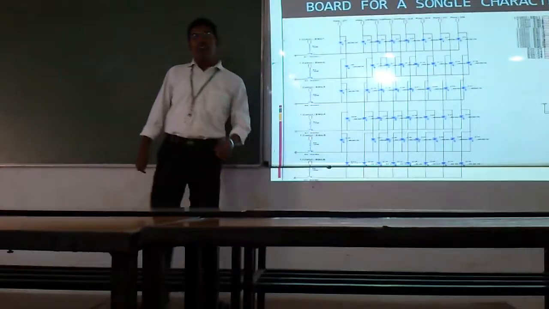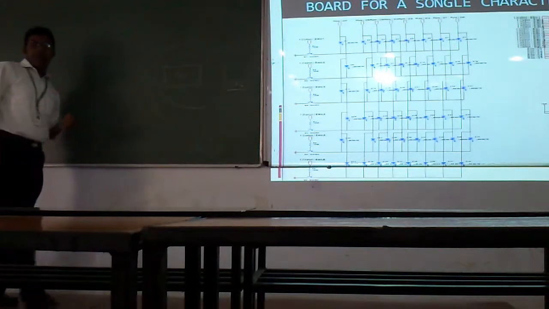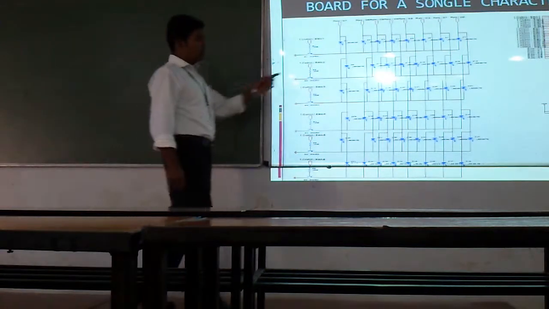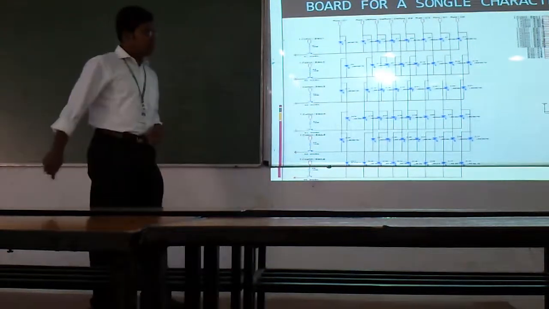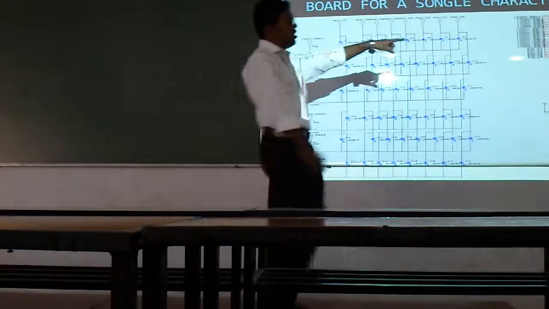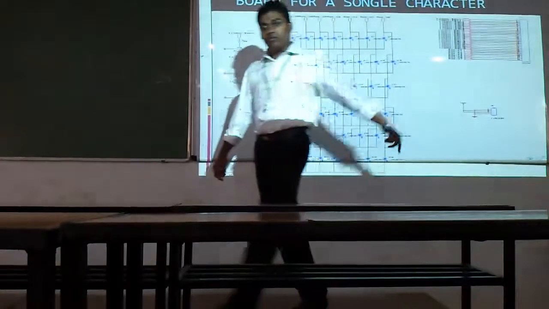And you know the LED means light emitting diode, one type of semiconductor diode. So the blue symbol here means the LED, right? And this is the 32 pin FRC connector, and this is the 4 pin power connector.